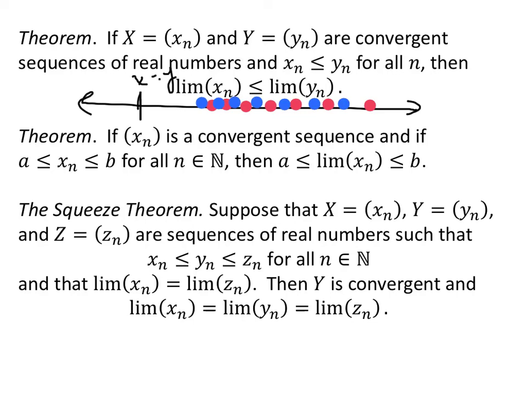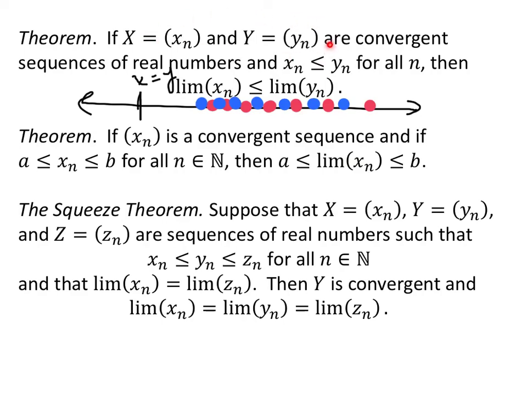Okay. The next theorem is very similar to that. You give me a convergent sequence. If all of the x's are trapped between a and b, then the limit has to be trapped between a and b as well. One thing I didn't mention was the theorem up here.